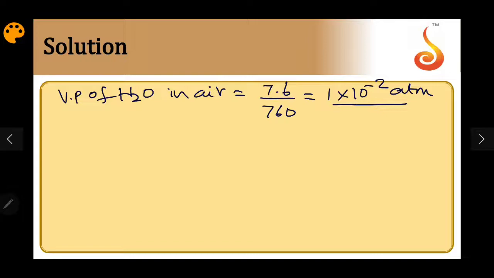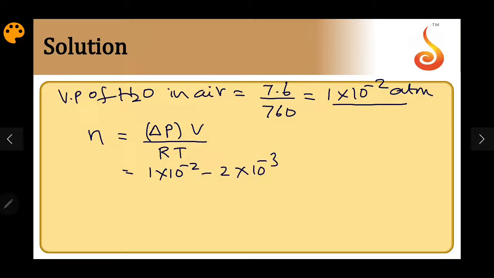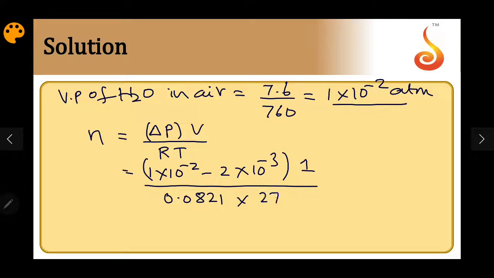So what is the amount of water it is absorbed? So difference in pressures we have to take. So earlier the pressure is 1 into 10 power minus 2. So PV is equal to nRT I can use. So number of moles of water is equal to delta P into V by RT. So what is delta P? 1 into 10 power minus 2 minus 2 into 10 power minus 3. V is 1 liter. If I take R as 0.0821, temperature is 274.